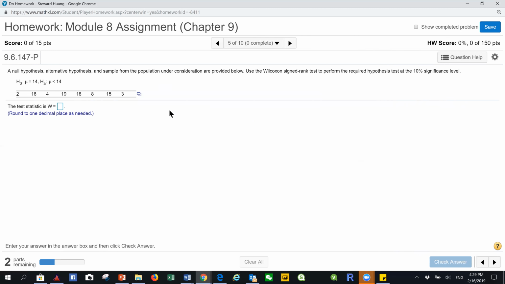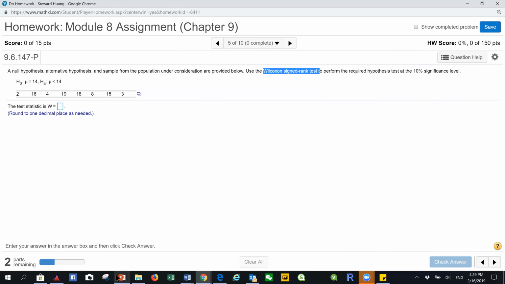And here it says Wilcoxon signed rank test. The Wilcoxon signed rank test is a non-parametric test. When the sample size is small and the population is not normal, we need to use this kind of test.